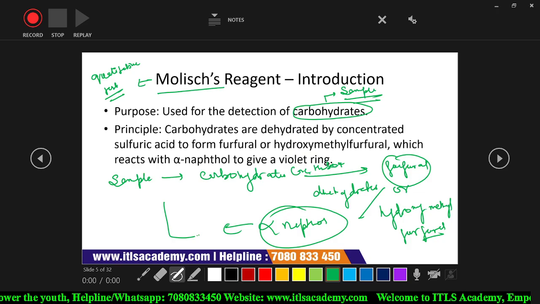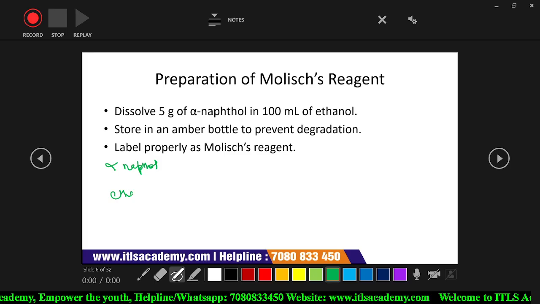Now for the preparation of the Molisch reagent, we require alpha naphthol plus ethanol. We take a beaker and add 50 ml of ethanol. Here the ethanol percentage is 99.99%, which is available in our laboratory.